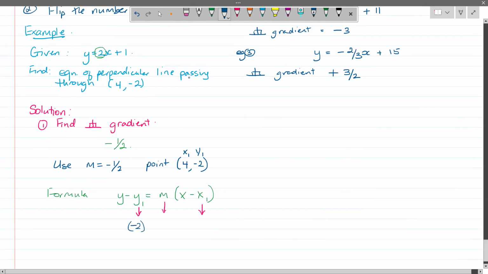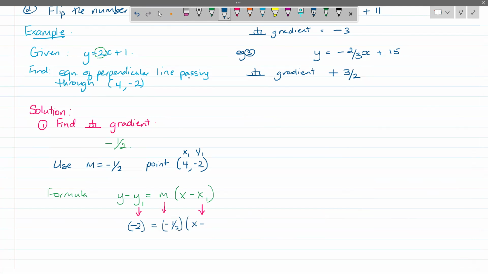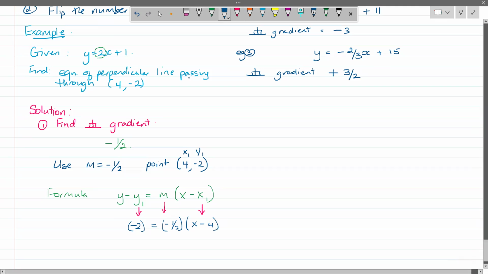Put it in our bracket if it's negative, -1/2, x minus x1 is 4. y minus, so minus by minus gives us a plus here. -1/2 by x will give us -1/2 x. And negative by negative is a positive, and half of 4 is 2.